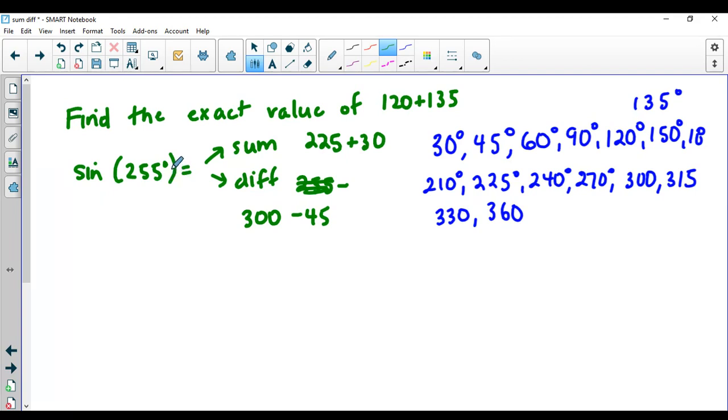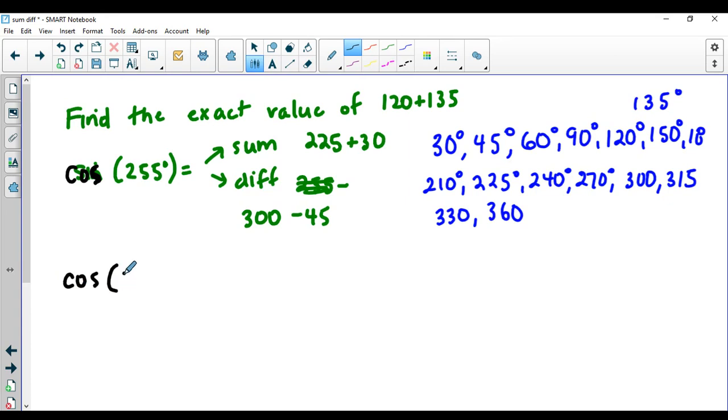So actually, since I already did a sine, let's make it a cosine, just so that we'll have done one of each. This would have been cosine. Okay, it doesn't really matter. And I wanted to show you that you can use either one. I'm going to use it as a difference.